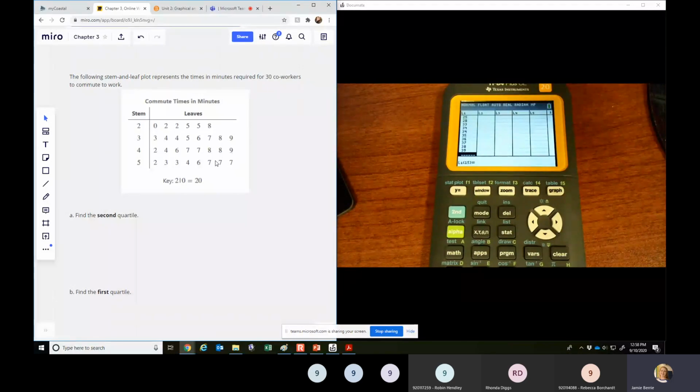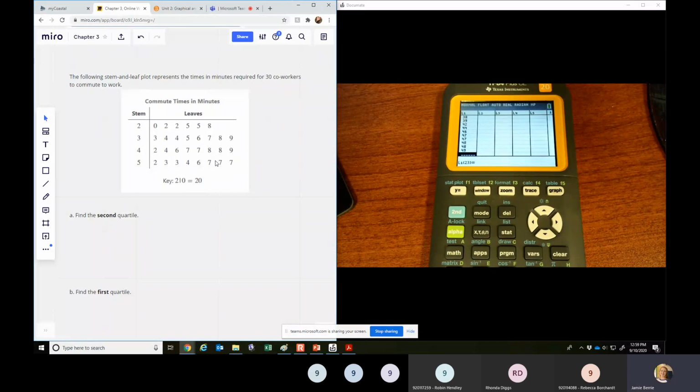And then down to the stem of 4, we have 42, 44, 46, 47 twice, 48 twice, and then 49.